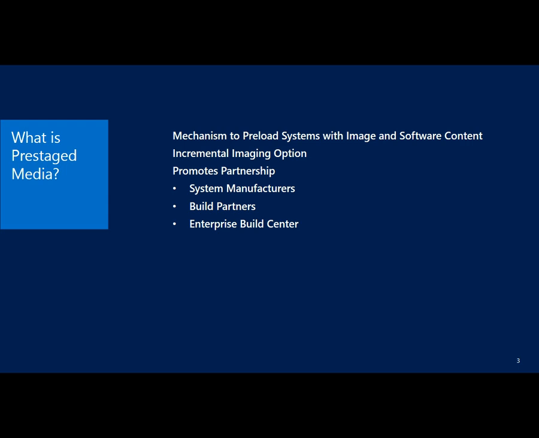Right? Now, that system could be physical, typically is in the scenario, could also be virtual. There are some interesting ways. Think about this as we go through. Certainly the scenario that we describe with PreStaged media, the way it was designed, as you see on the slide, is for system manufacturers, as an example, Dell, HP, Lenovo, whatever, to partner with you, and they will load the base parts of the image.